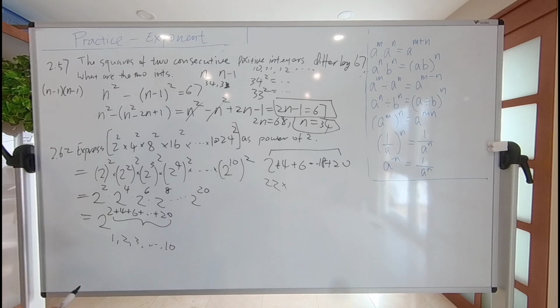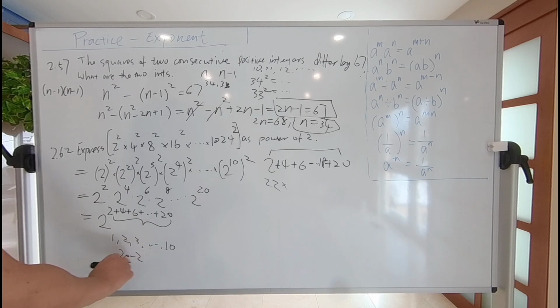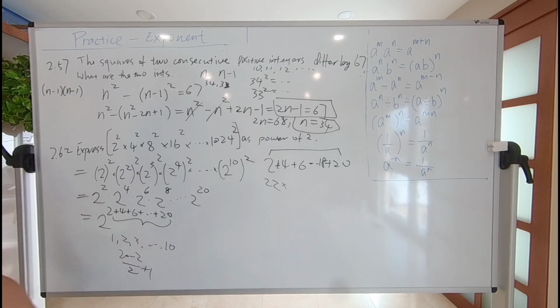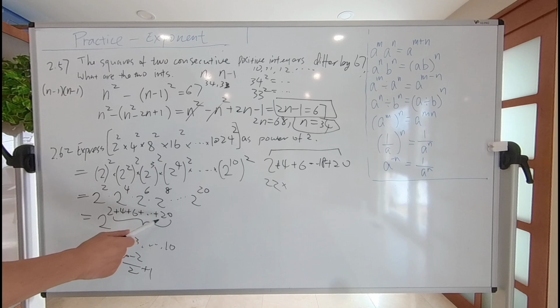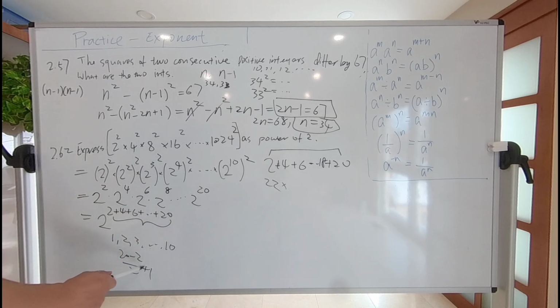You can use whatever way you like. You can just count them one by one. You can use this way to simply convert them to see there are 10 numbers. Or remember, we had a formula that we learned in arithmetic, that we can take the difference between the last term and the first term, divide by the step size and then plus 1.